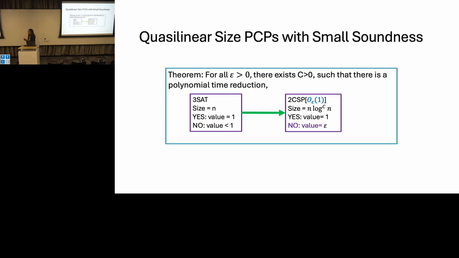So if you had such a reduction, it would be for a specific problem like circuit SAT or 3-SAT, and you would have to use very specific structure. To answer your question, building linear size PCPs is open even with value 0.99.